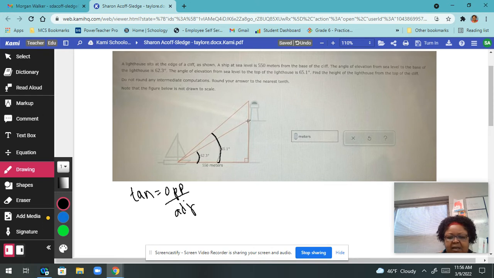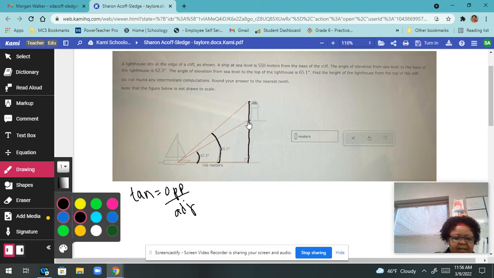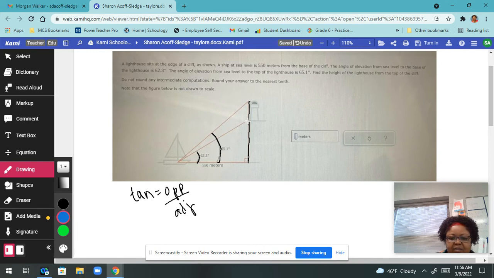So we can find this whole distance here, from here to here, using the 65.1 degree angle, and then we can find this one right here using the 62.3 degree angle. Then what we really want to know is this distance right here.